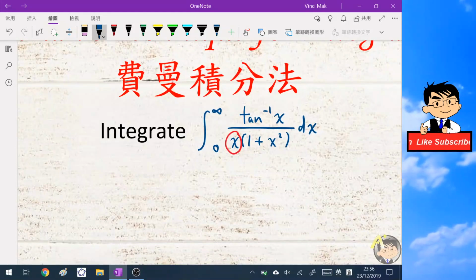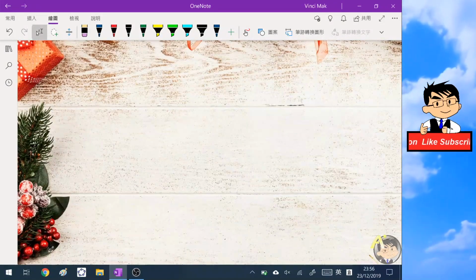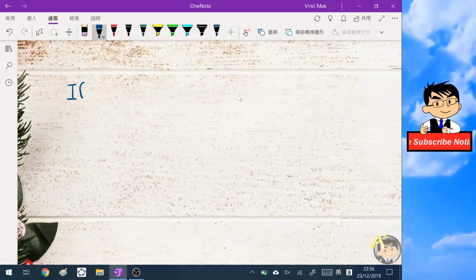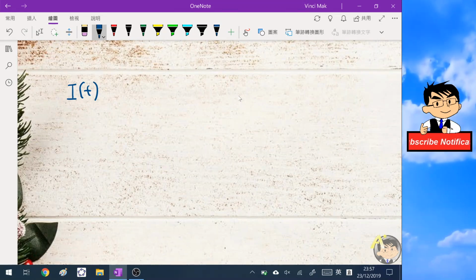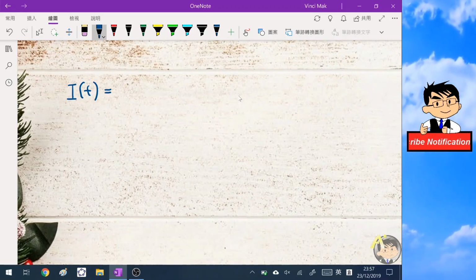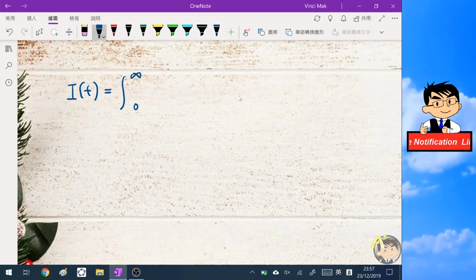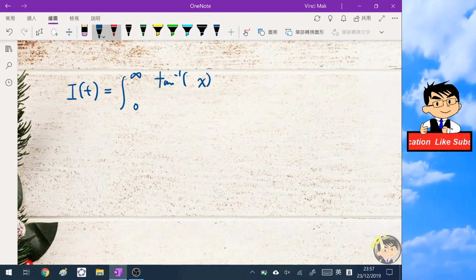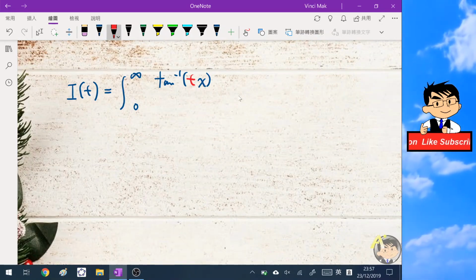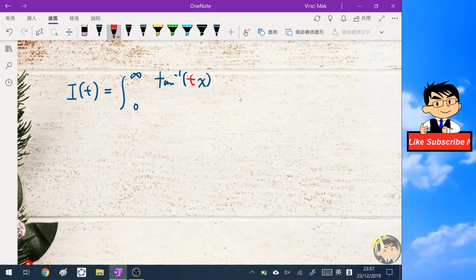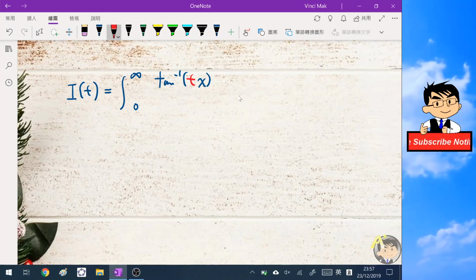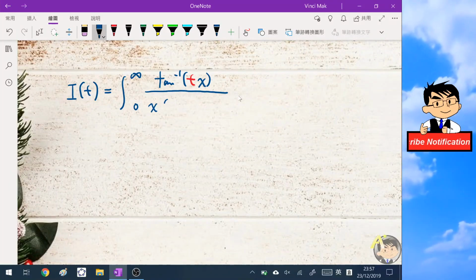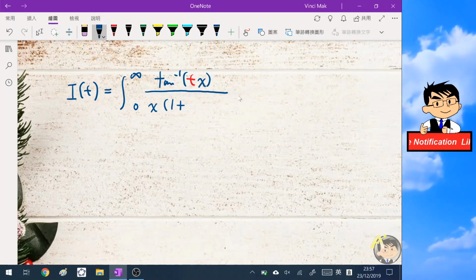So let's get started. First of all, we need to define our integral. I will define the integral as a function of t. So I will insert the t into the arctangent x, because we know that differentiating arctangent x will give us 1 over 1 plus x squared. Hopefully, by the chain rule, we can also cancel out the x in the denominator.